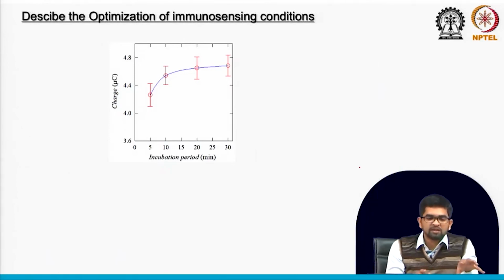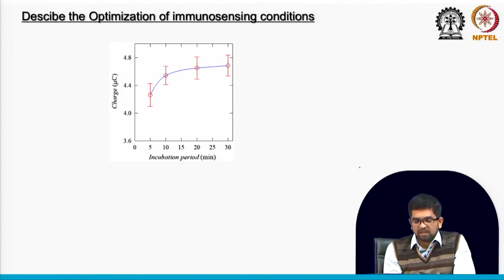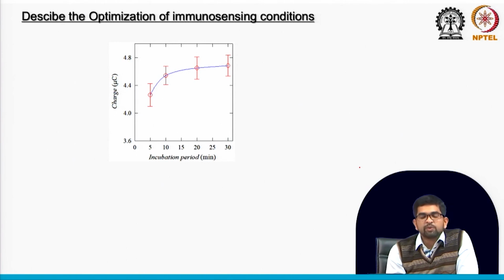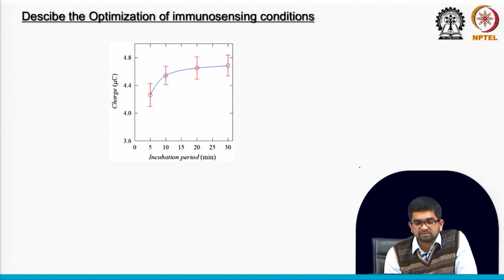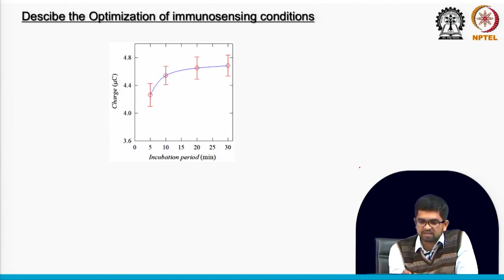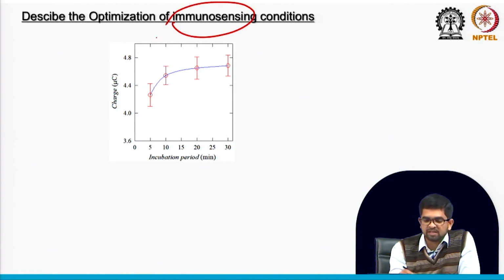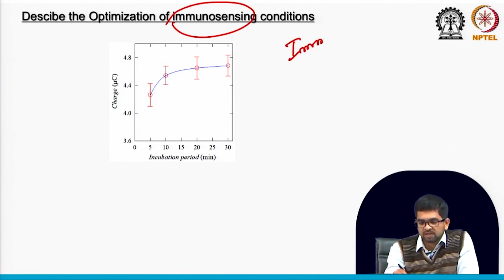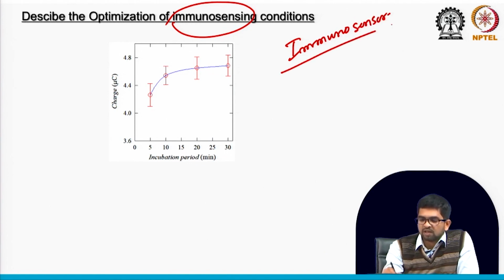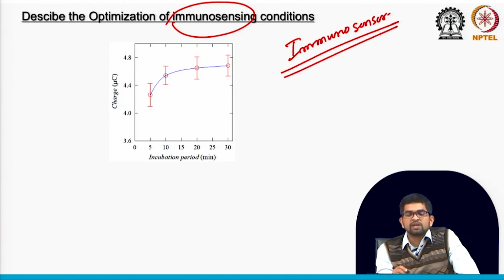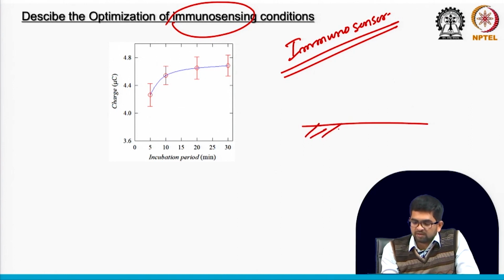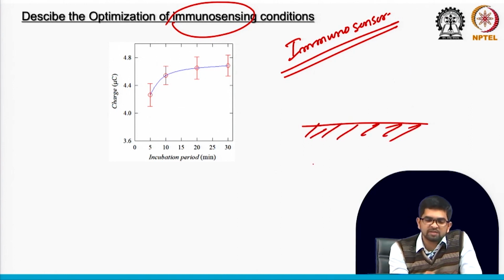Now let's come to the optimization of immunosensing conditions with time. This is also a very important factor, because your biosensor is an immunosensor, right? In this case you have to be a little bit careful. You have to optimize your incubation time.